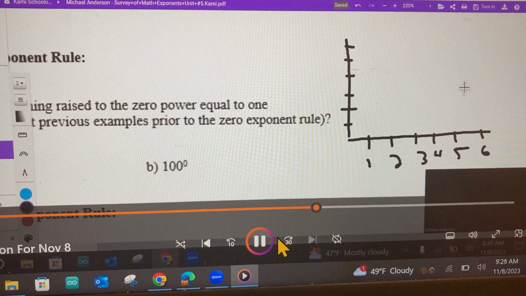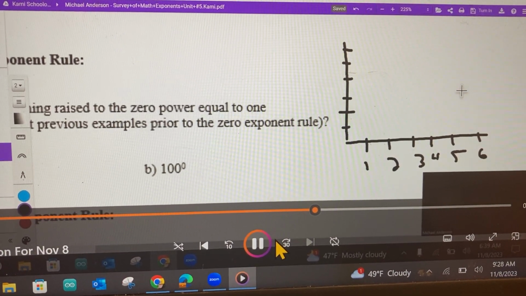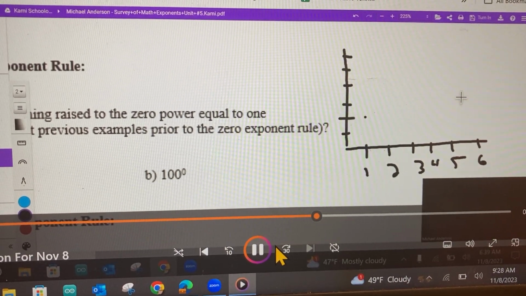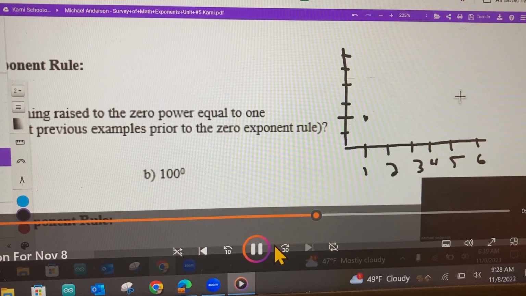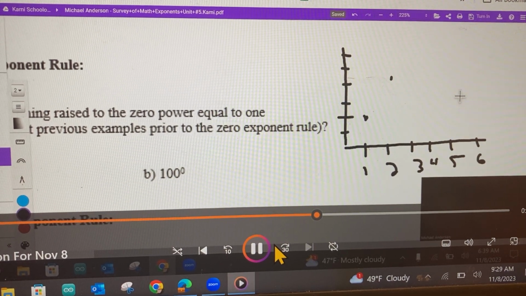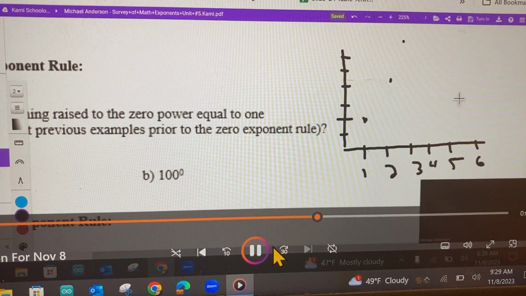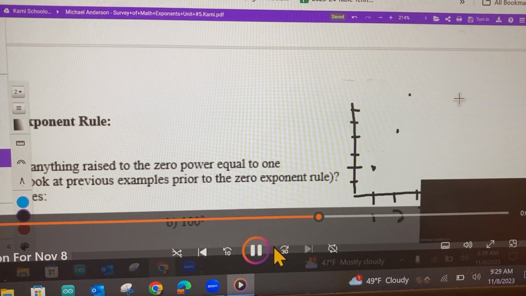At the x equals 1 part, if I say 2 to the 1st power, I end up with 2. If I have 2 to the second power, I end up with 4. If I have 2 to the third power, it's 8. 2 to the fourth power, it's 16, way up here.